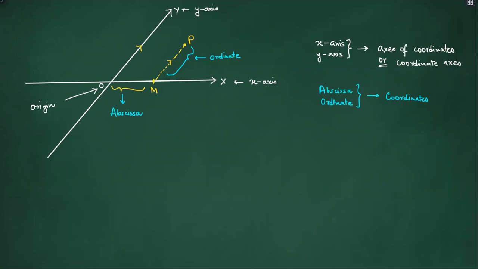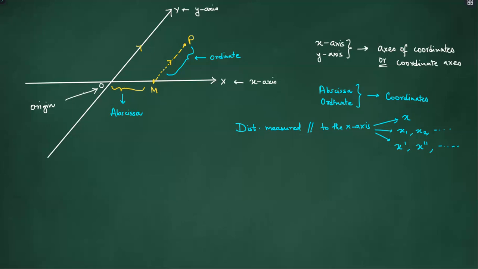If I have any distance which is measured parallel to the x-axis, it will be denoted by either x, or x1, x2 and so on, or it can be denoted by x bar, x double bar and so on, x prime, x double prime and so on.